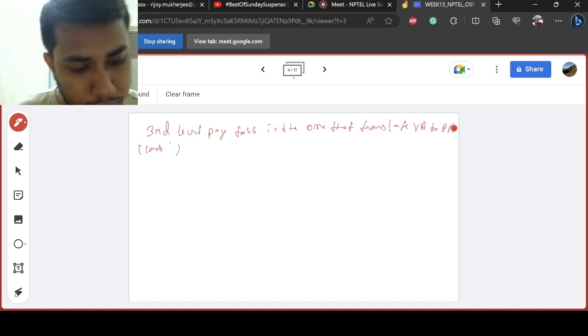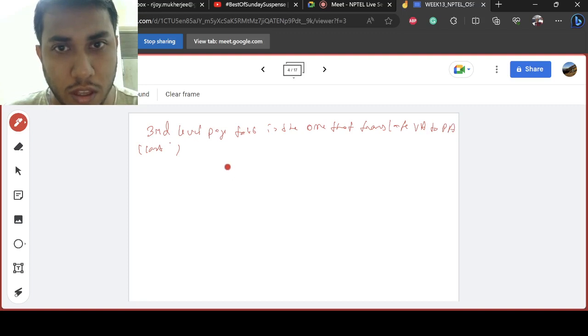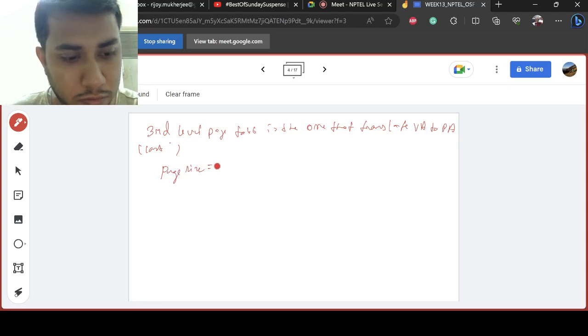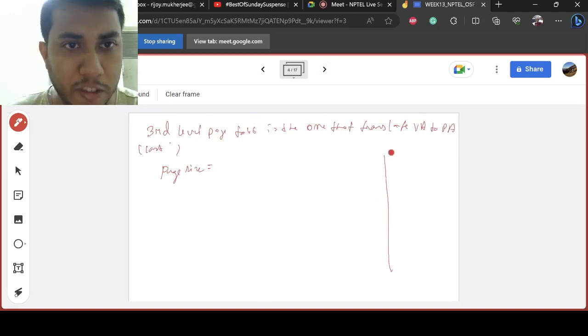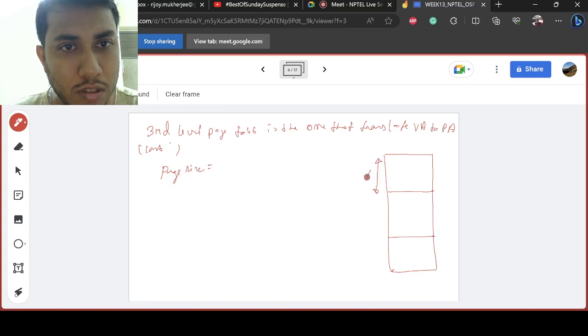So as you can see, your page frame size is given here, it is 4 KB. So what does that mean, page frame size? This is your physical memory where each frame is of size 4 KB, right?